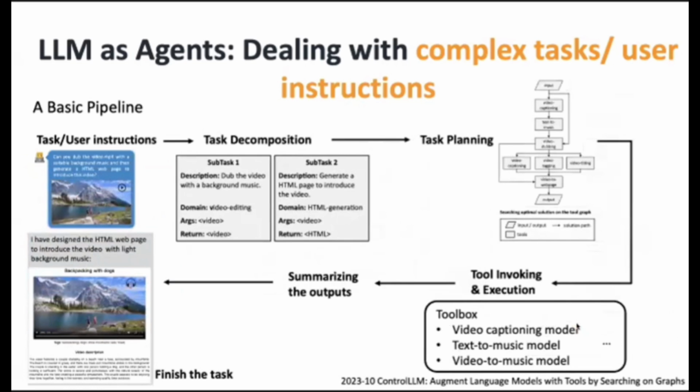The toolbox may have different models or different experts. And also the large language models can execute the different tools based on the planned tasks. And after that, the large language models also can summarize the output and formulate it into a desired output with multiple modalities and return it to the user.